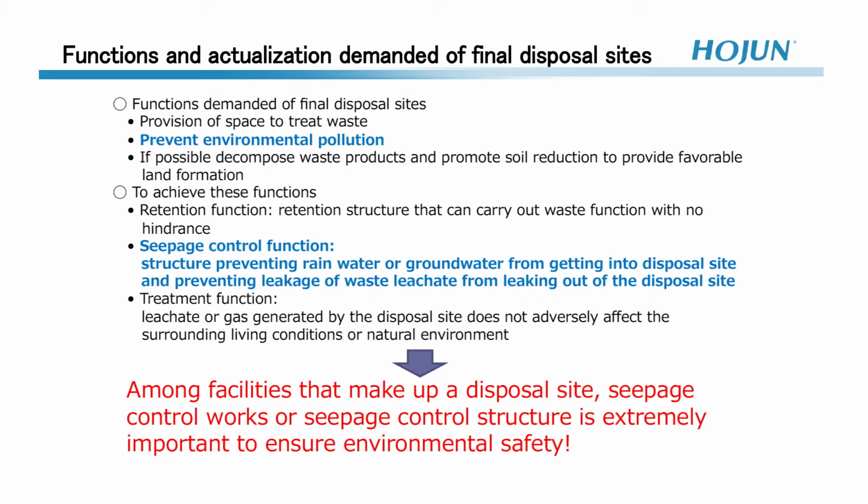The seepage control works, or seepage control structure, plays an important role necessary for preventing leakage of rainwater that has gotten inside the disposal site or leachate to prevent environmental pollution as a function required of a final disposal site.